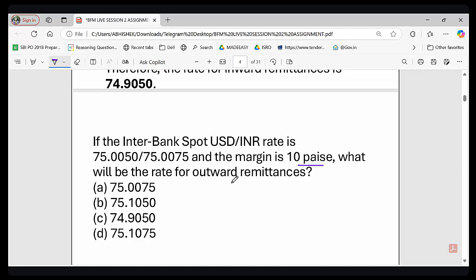You have got 10 seconds to just type your answer. What is the interbank selling rate mentioned in the question? Whether it is 75.0050 or 75.0075.